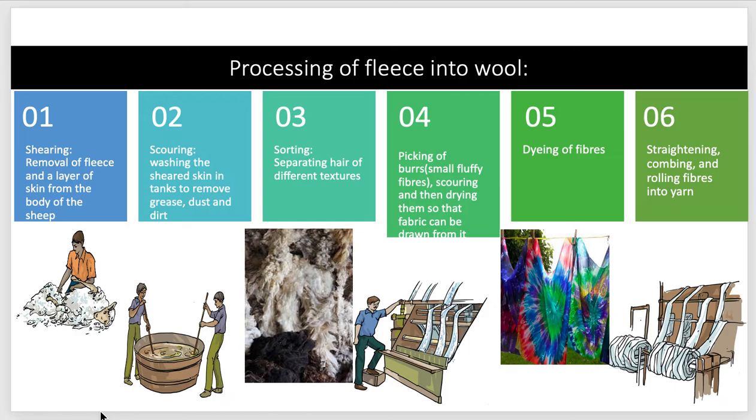Another thing that I would like to tell you is that wool is used in the winters to keep us warm, because there are many air pockets between the threads. If you have watched the video on heat, you will be able to understand more clearly what I'm talking about.